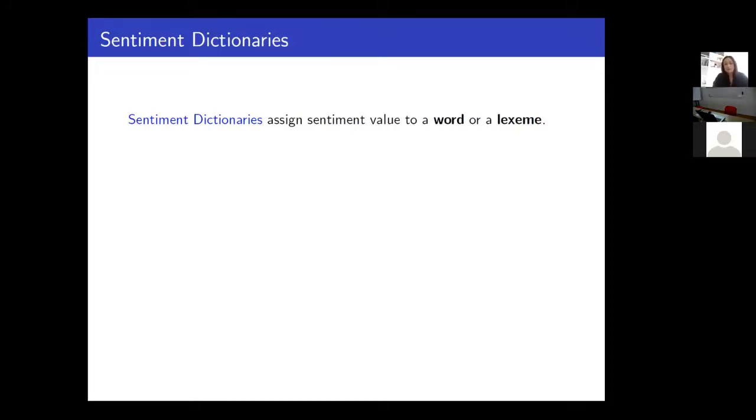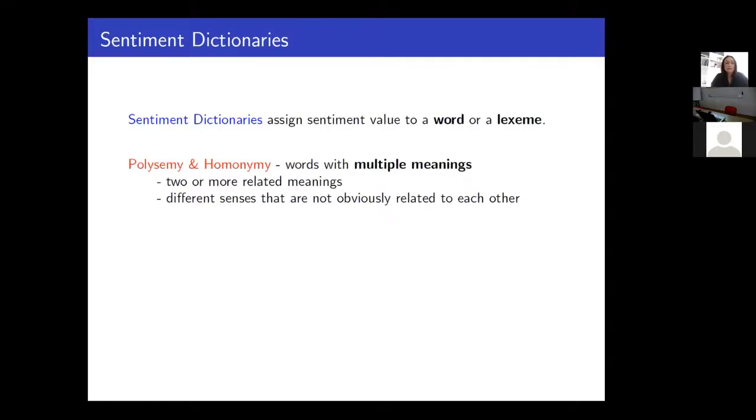So the available lexical dictionaries are filled by people, and it's usually the case that there are words with several meanings, or that the meaning of a word is not immediately clear.